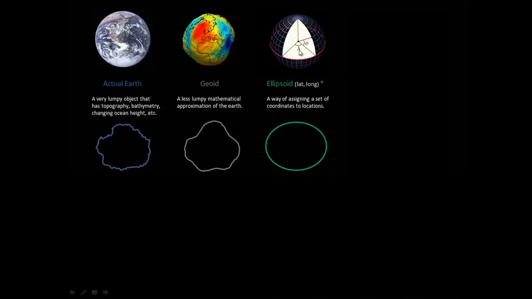So the problem with the ellipsoid is that we can't measure with it. So if you can see right here, if we were to keep going north and north and north, and we were to actually measure using latitude, it's consistent. One minute of latitude is a nautical mile from the North Pole all the way to the equator to the South Pole.